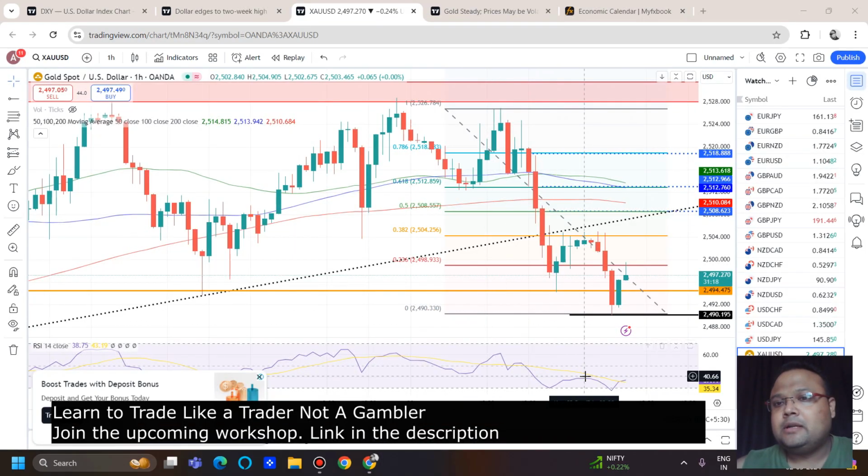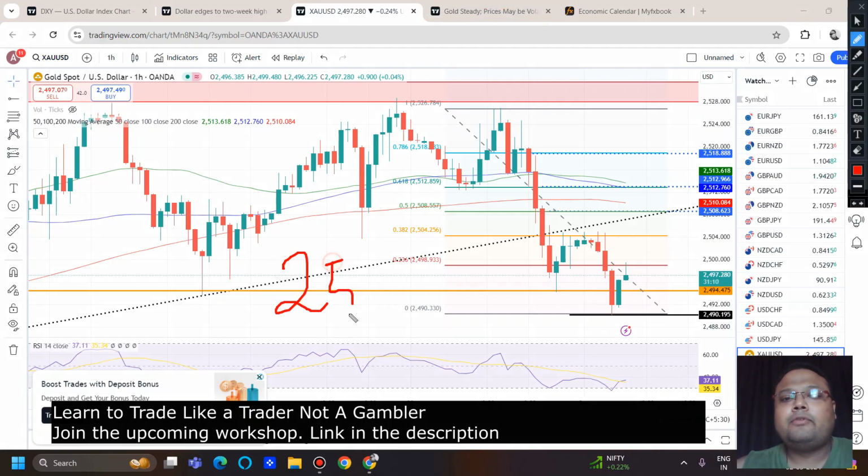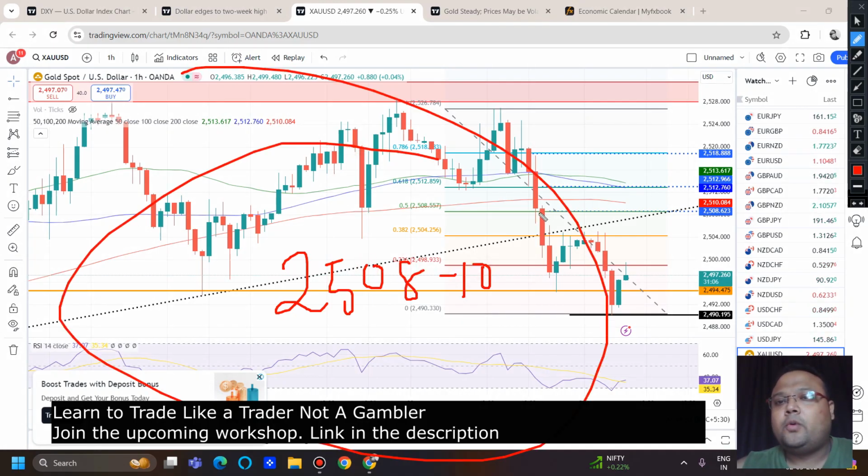Thank you. Now, we have the first resistance around 2504, 2505 area, and second resistance is around 2508, 2510 area. Okay. Why? Because we have FIBO 50% retracement level. We can see previous support will be working as resistance. Along with that, the 200 moving average also coming down.